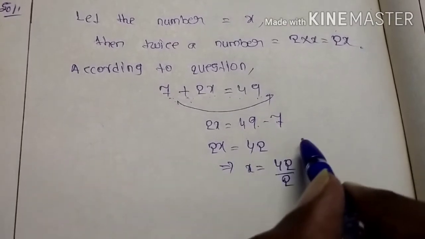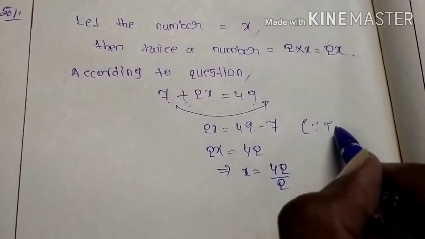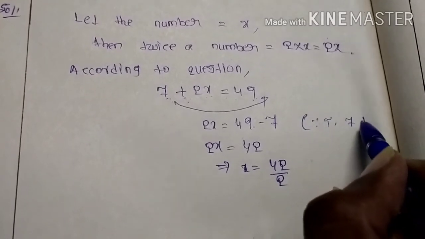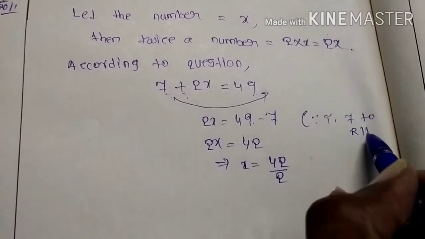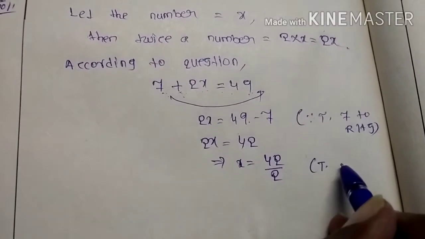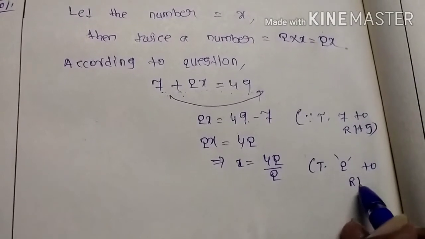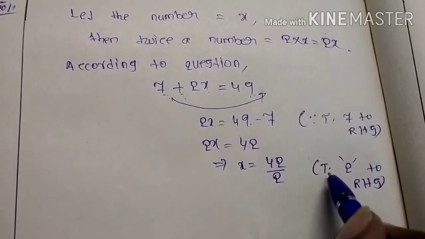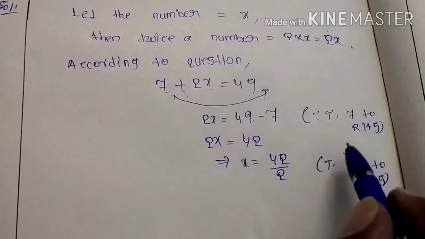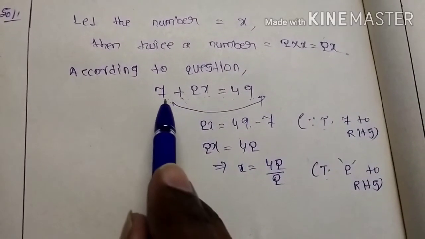Yes or no? In the brackets you can write transposing 7 to RHS. Here also you can write transpose 2 to RHS. Every step you can mention in this simple equation. You have to write transpose 7 to RHS. Here 7 plus is doing addition.